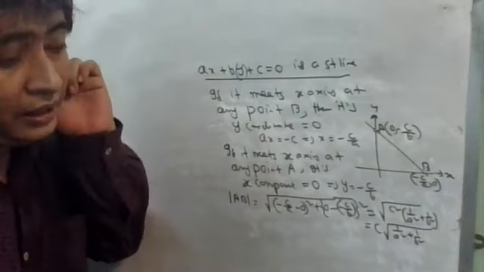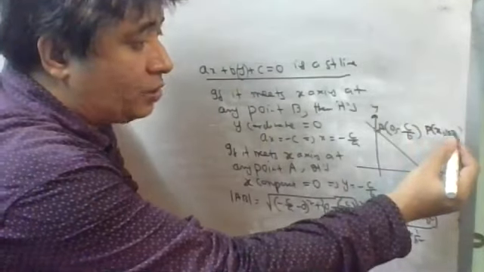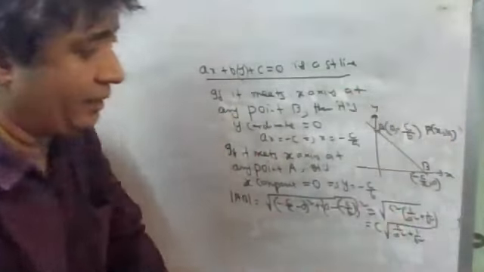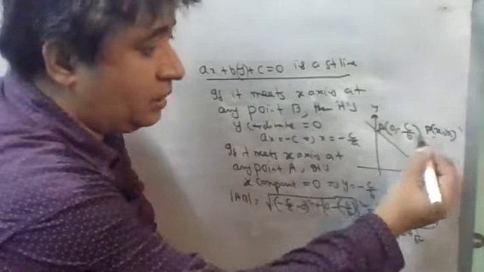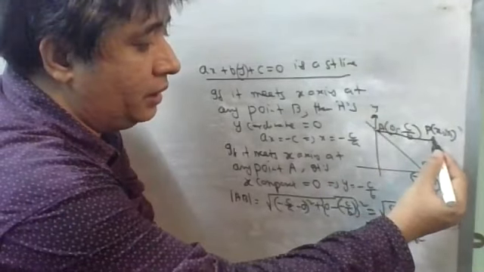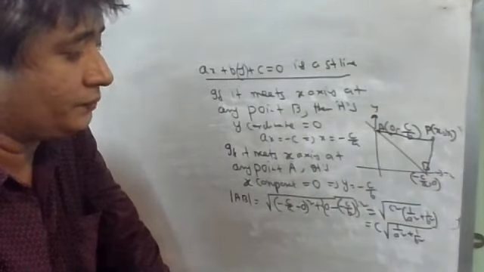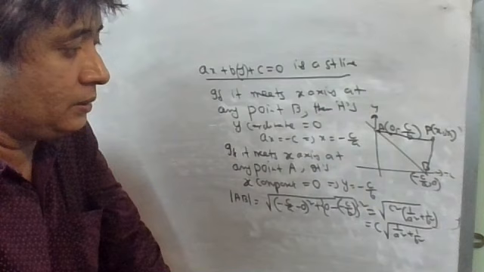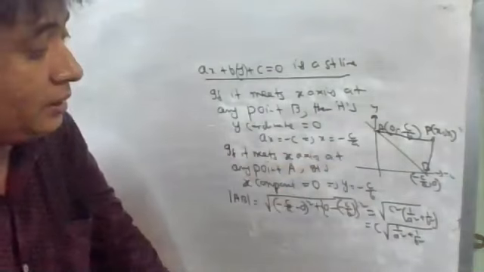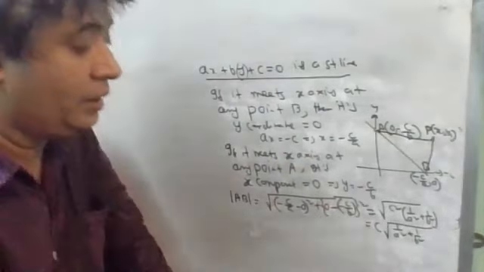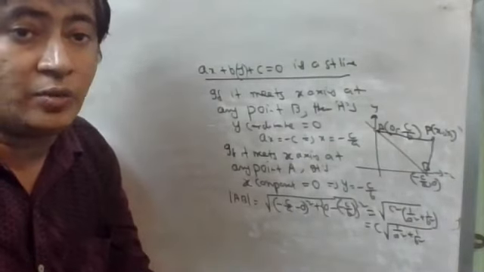Now you take one point, say P (x1, y1), which lies above the line. You join this and you will get a triangle PAB. How do we get the area of this triangle? That you were taught in your junior classes, in class 10 I think, in coordinate geometry.